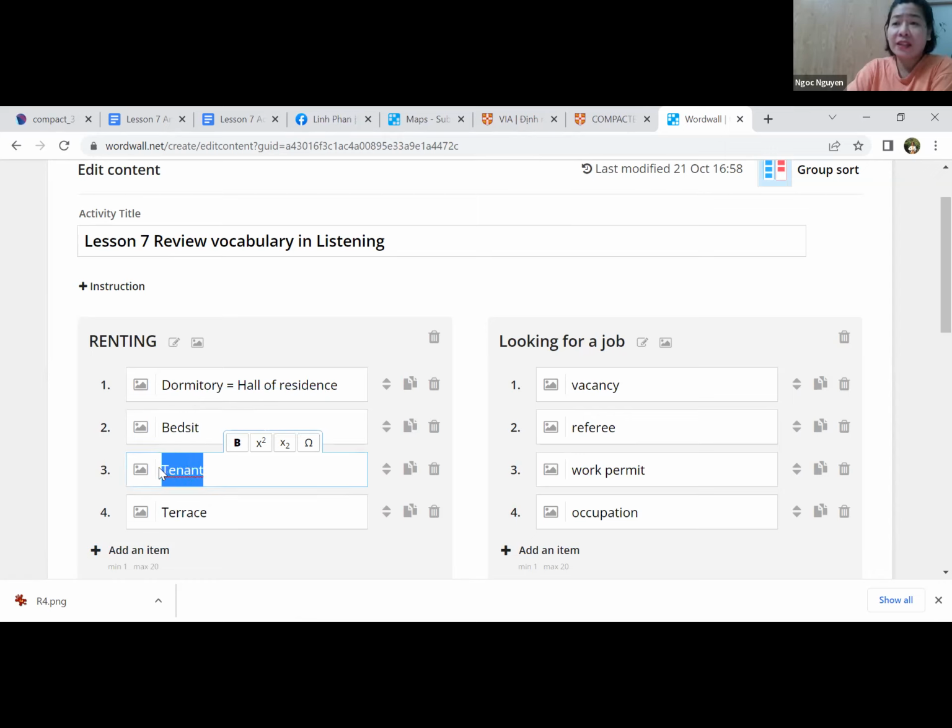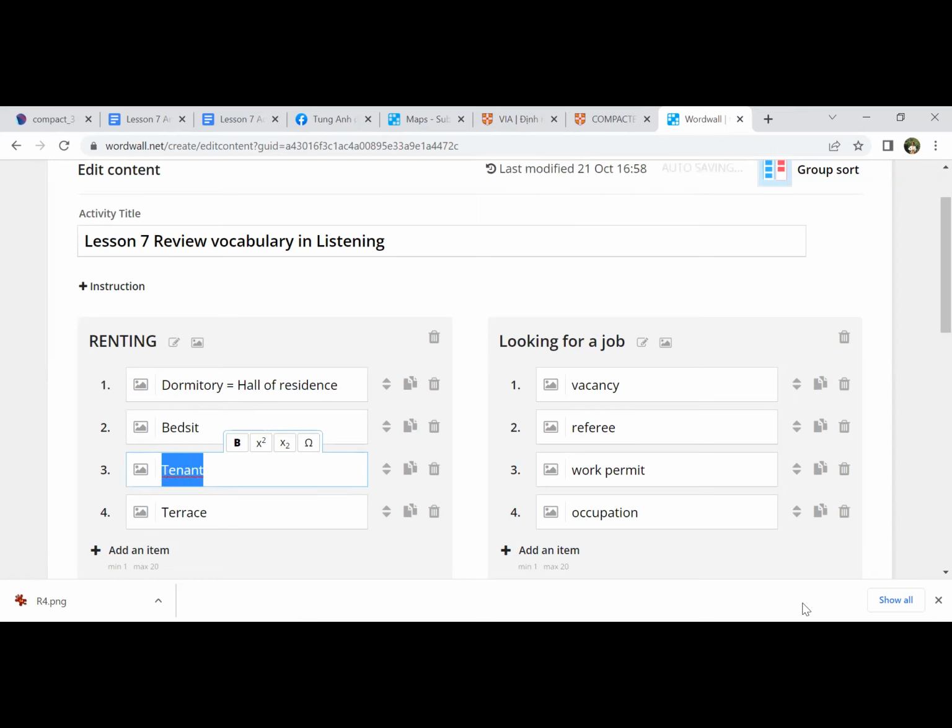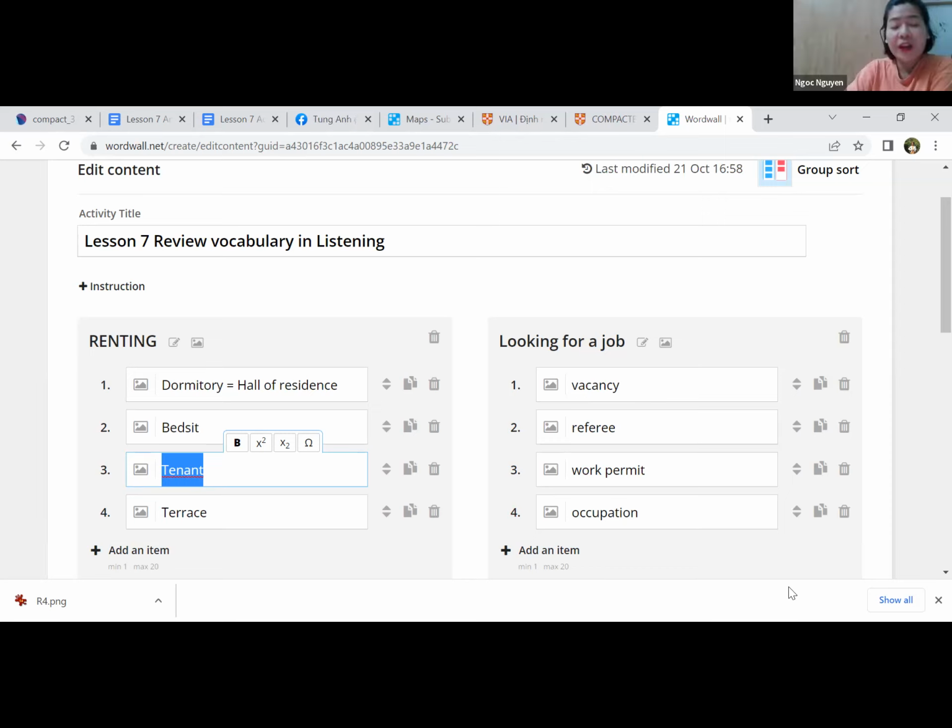Who is a tenant? The tenant is a person who wants to rent an apartment or maybe a house or a small room. Very good. And what is a word to describe a person who owns an apartment and lets others rent his or her apartment?